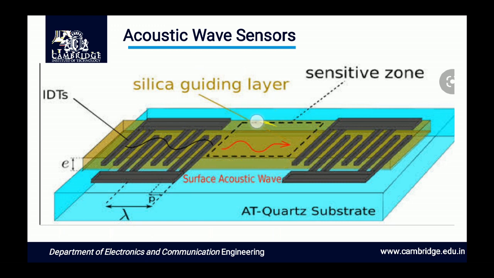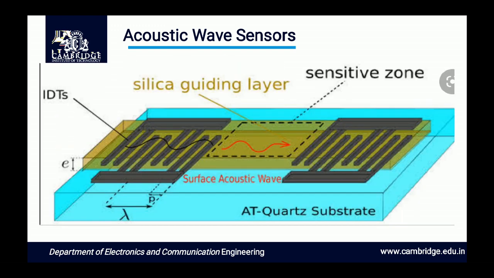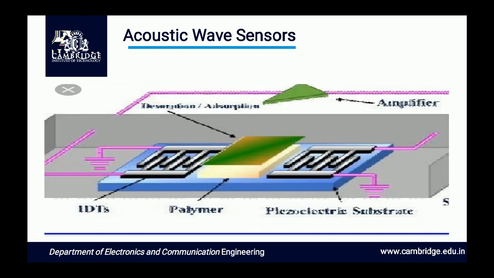In the delay line, if a biomolecular substance is added onto the delay line, and when the analyte comes in contact with the biomolecular substance, there would be a chemical reaction taking place, telling you the amount of analyte present, the amount of substance present in the analyte. Thus, by coating the delay line with a biomolecular substance, you can make it function as a chemical sensor.